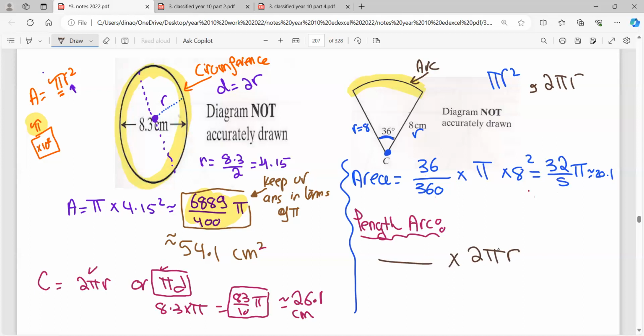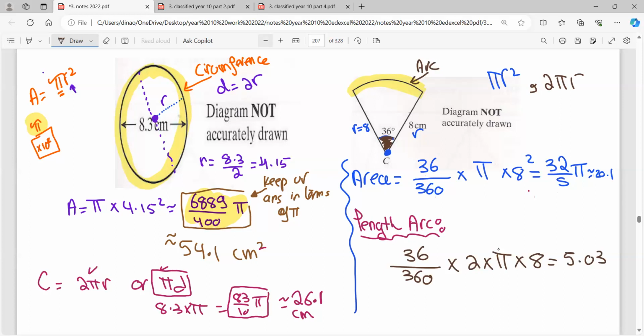I will multiply it with the fraction: angle of sector divided by total angle of the circle. So to calculate the arc, angle of sector, divide by total angle of circle, multiply by the circumference rule, this time because I am required to calculate the length of the arc, times 8. Again it gave me the answer in terms of pi, so I will round to 3 significant figures immediately.